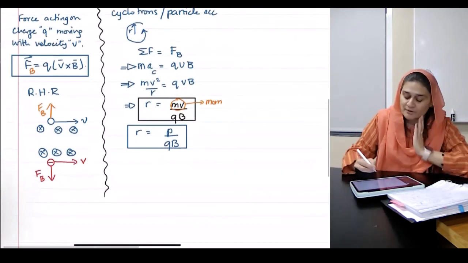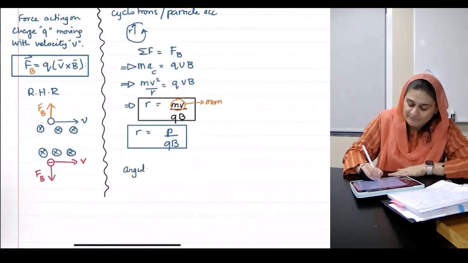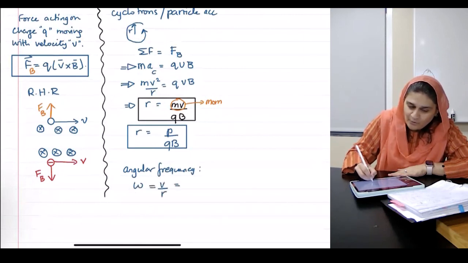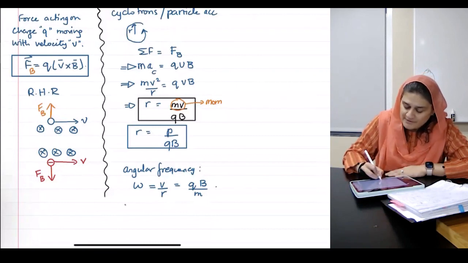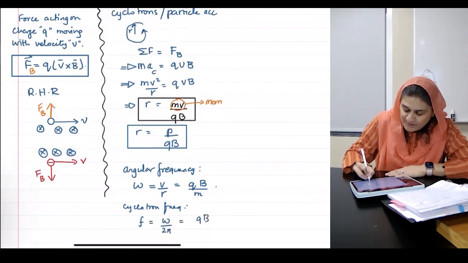Another term that becomes important for this case is called angular frequency, which is omega equal V over R, or QB over M. And the cyclotron frequency, which is f equals omega over 2 pi, or QB over 2 pi m.